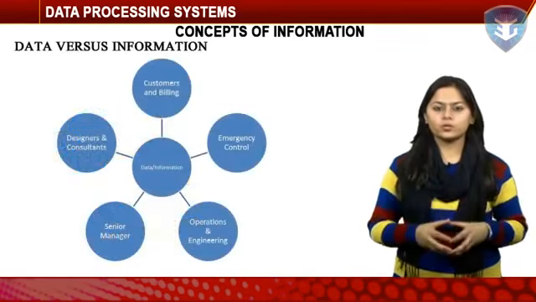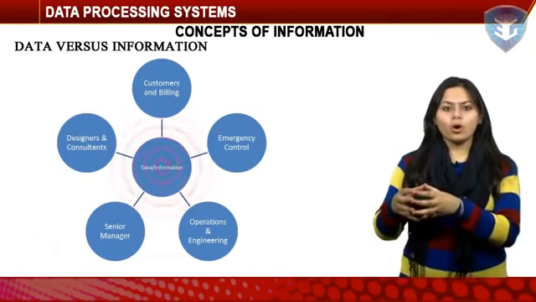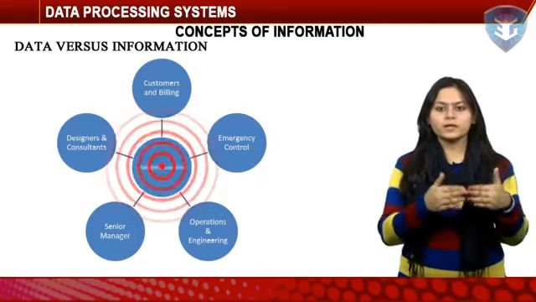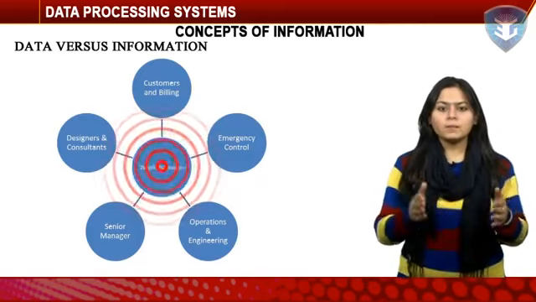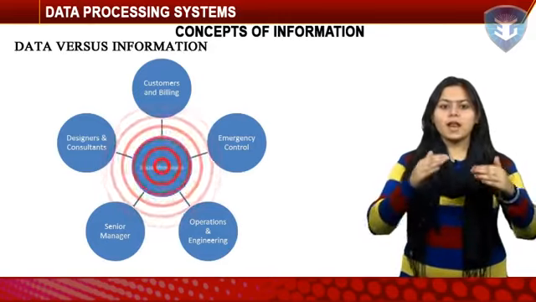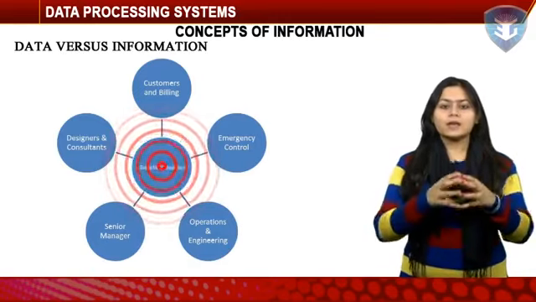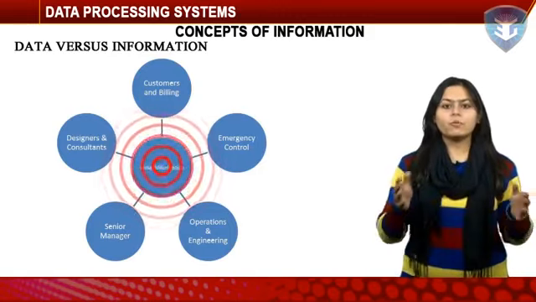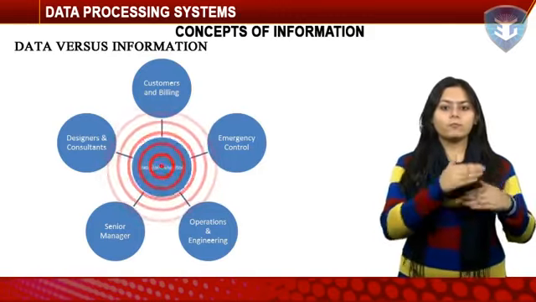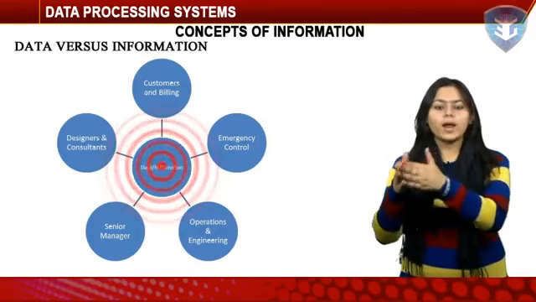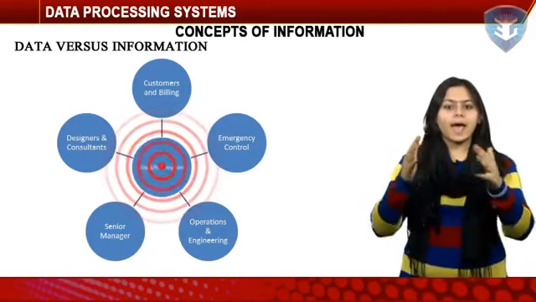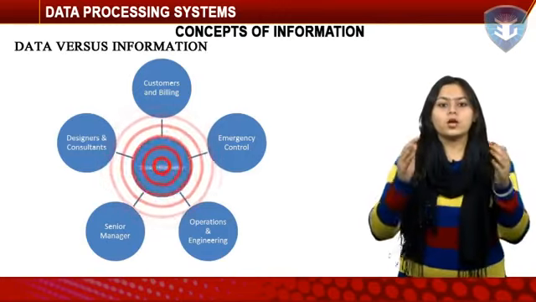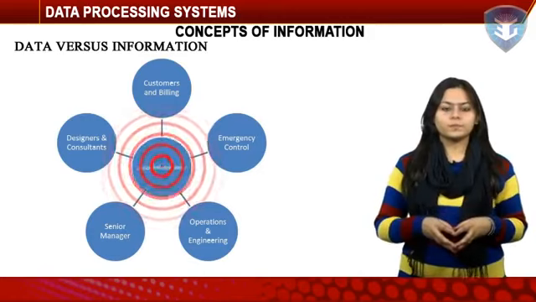Data versus information. Data refers to raw, unevaluated facts, figures, symbols, objects, events, etc. Data may be a collection of facts lying in storage, like a telephone directory or census records. Information is data that has been put into a meaningful and useful context and communicated to a recipient who uses it to make decisions.